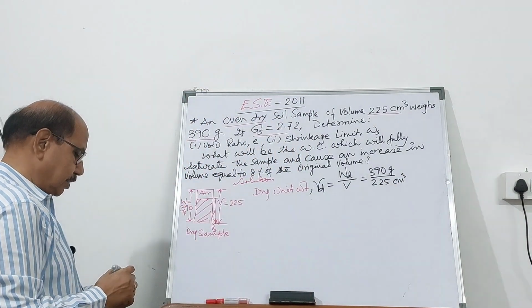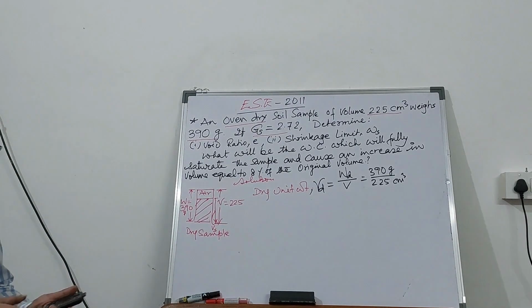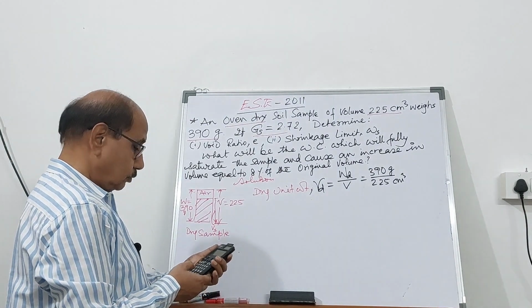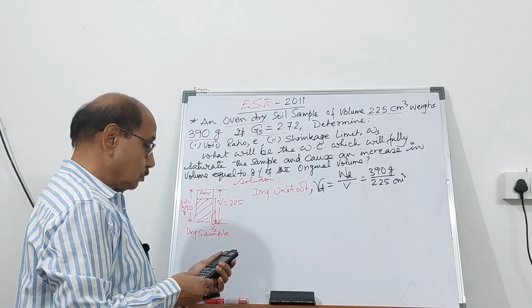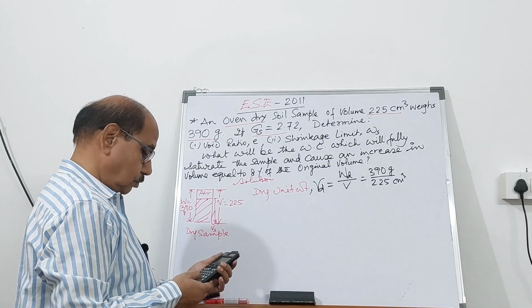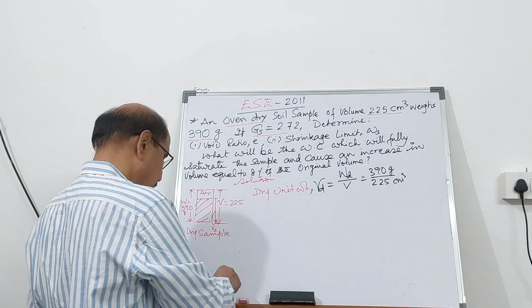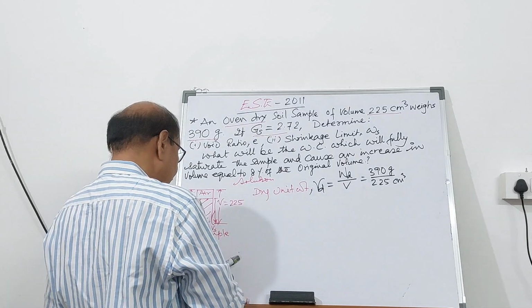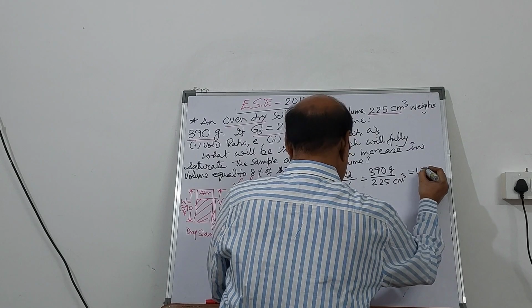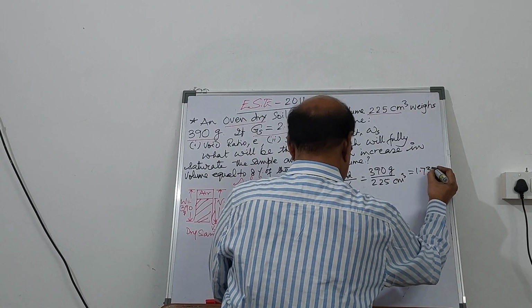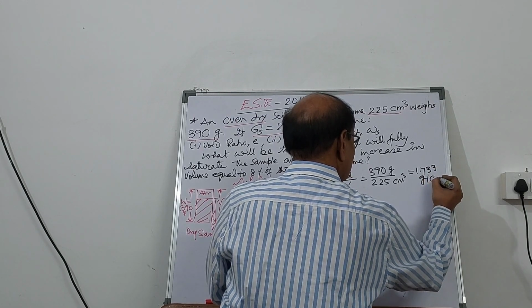If you calculate this, you get 1.733 gram per cc.